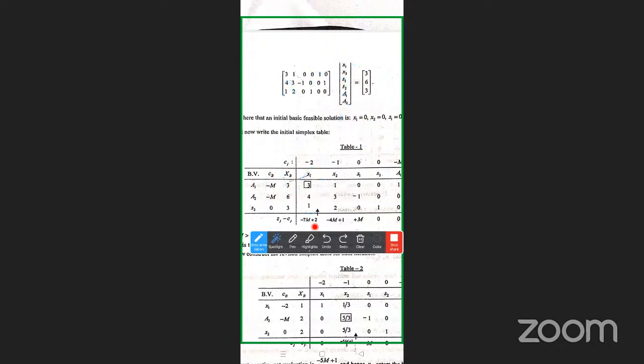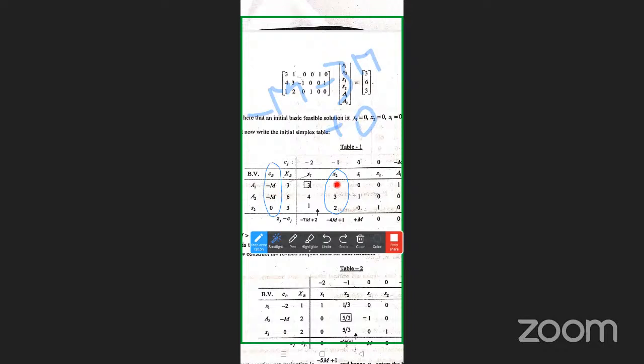So next, same. CB into the second one, X2. CB into X2. So minus M into 1, minus M. Minus M. So next, minus 3M. Minus 3M plus 0. Is that clear? Multiply and add each and every term.